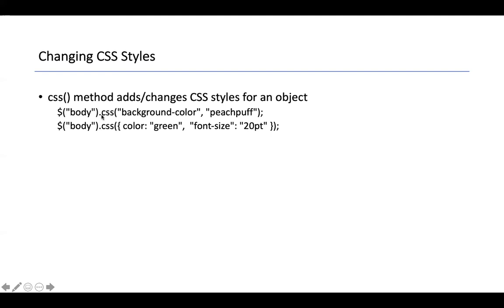You'll notice no longer do you say .style and then the property name. Instead, you just get the HTML element and then say .css. If you're only modifying one property, you just give it a pair. If you're modifying more than one property, you give it an object with key value pairs. So pretty simple mechanism for modifying CSS styles.